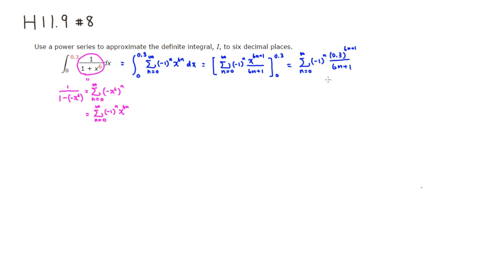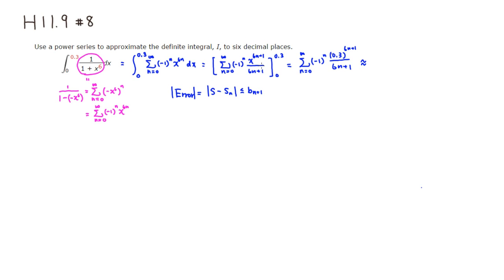Now we're going to try to approximate it correct to 6 decimal places. Since this is an alternating series, the error, which is the difference between s, the actual sum, and the partial sum s_n, is bounded by b_(n+1).